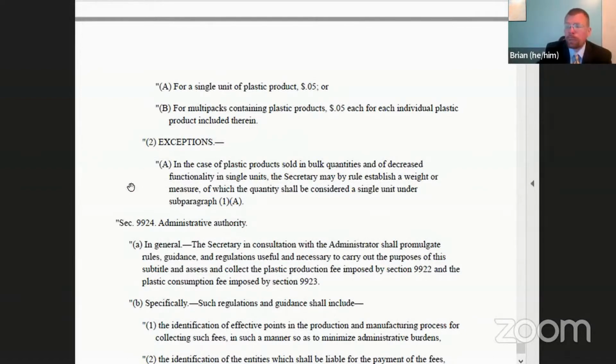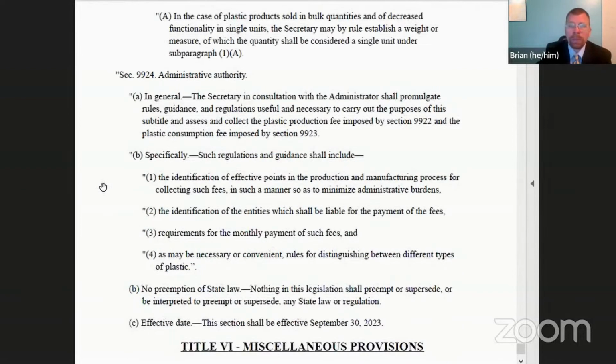There's an exception for plastic products sold in bulk quantities, like plastic packing peanuts, where the Secretary can establish a price per weight and call it a unit, instead of making people count each individual plastic peanut. Then 9924 is the administrative authority.